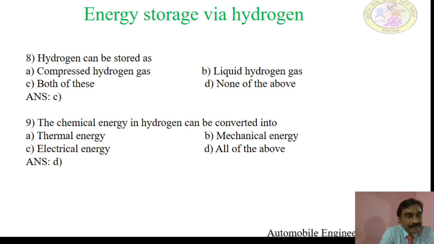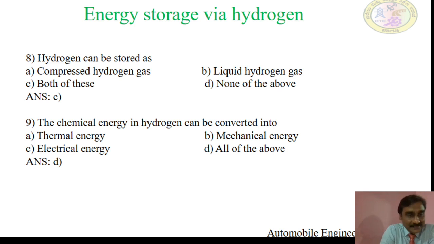The ninth MCQ: the chemical energy in hydrogen can be converted into thermal energy, mechanical energy, electrical energy, or all of above. The right answer is all of above, because the electricity is converted into chemical form in the hydrogen.